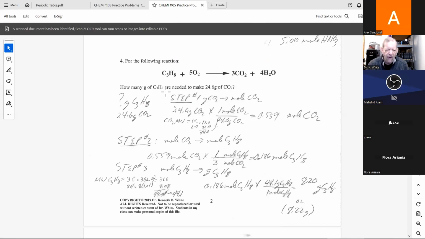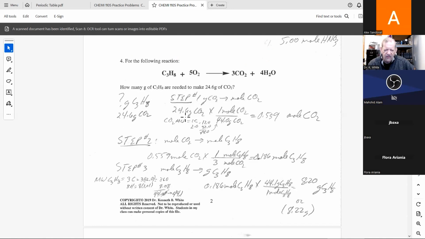All right, step one, first of all, we're given how many grams of CO2. We're trying to find how many grams of propane are needed to make that. So whatever we're given the weight of, we convert to moles.